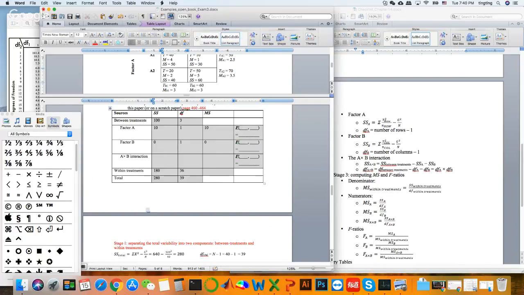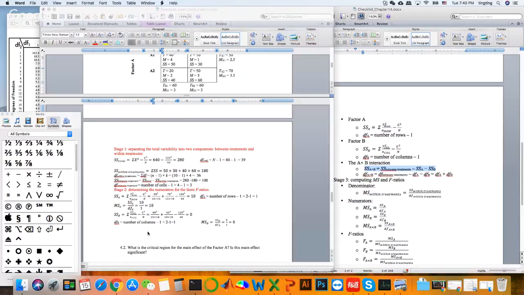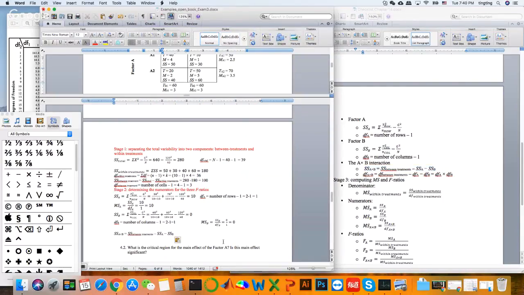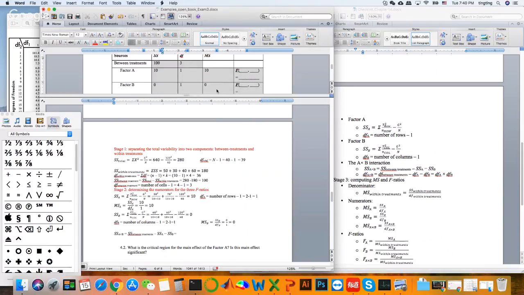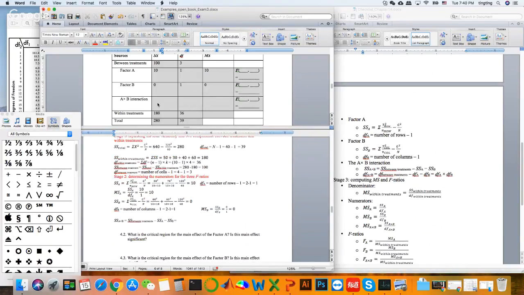And then we need to compute the interaction by just simple subtraction, right? Subtract the SSA and SSB from the between treatment variance, sorry. 100, subtract SSA, which is 10, and then subtract SSB, which is 0.